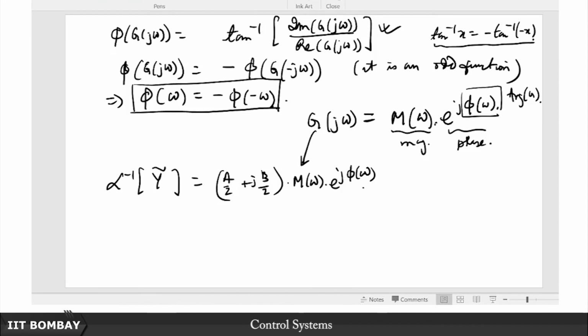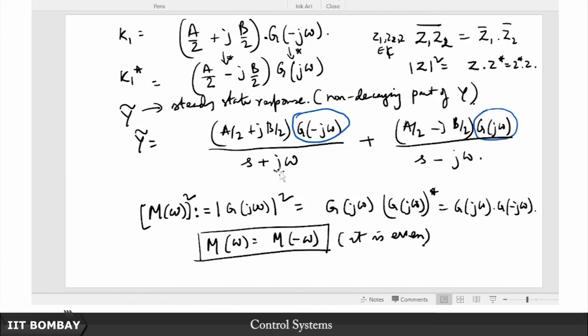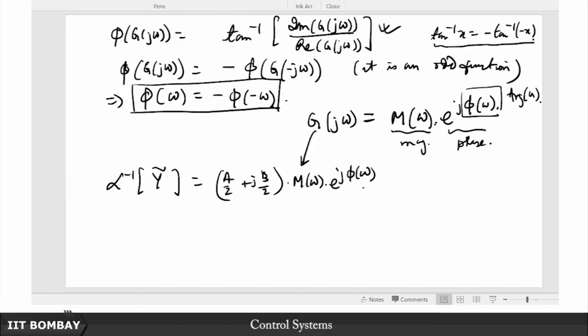times, notice now I am taking the Laplace inverse of the individual terms. So what is the Laplace inverse of this? This is e to the minus j omega t, isn't it.